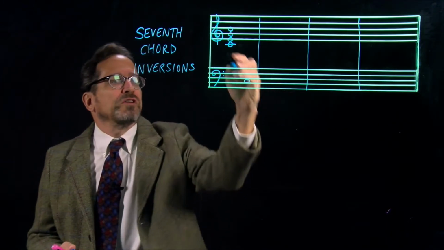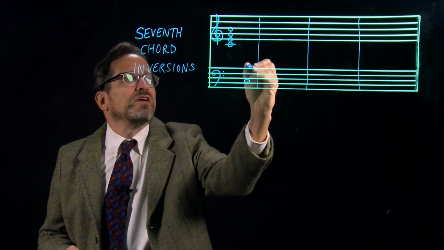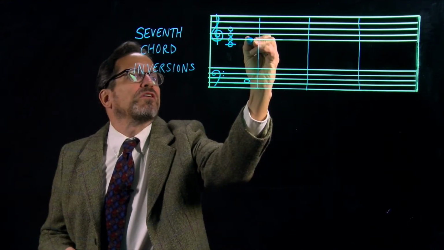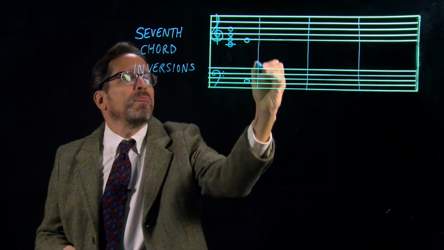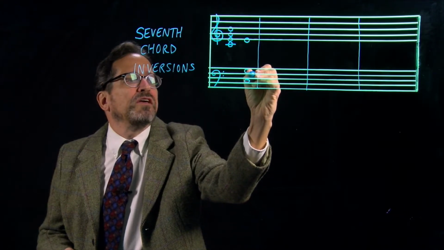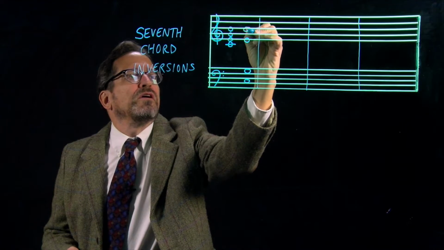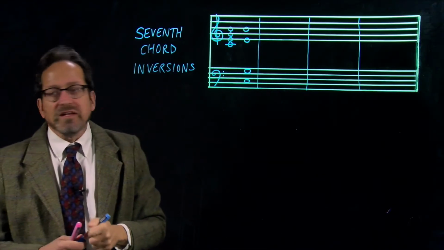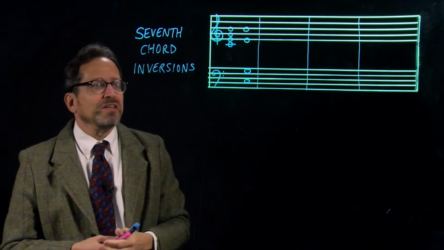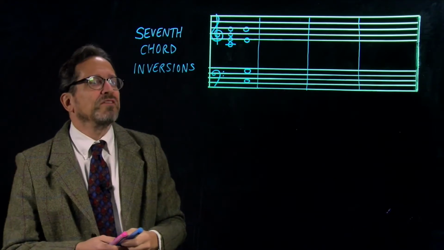So my root is going to go down in the bass. I'm going to put the third in the alto. I'll put the 5th in the tenor. And I'll keep the 7th on the soprano. I could arrange these in other possibilities, but this will be fine to demonstrate this.